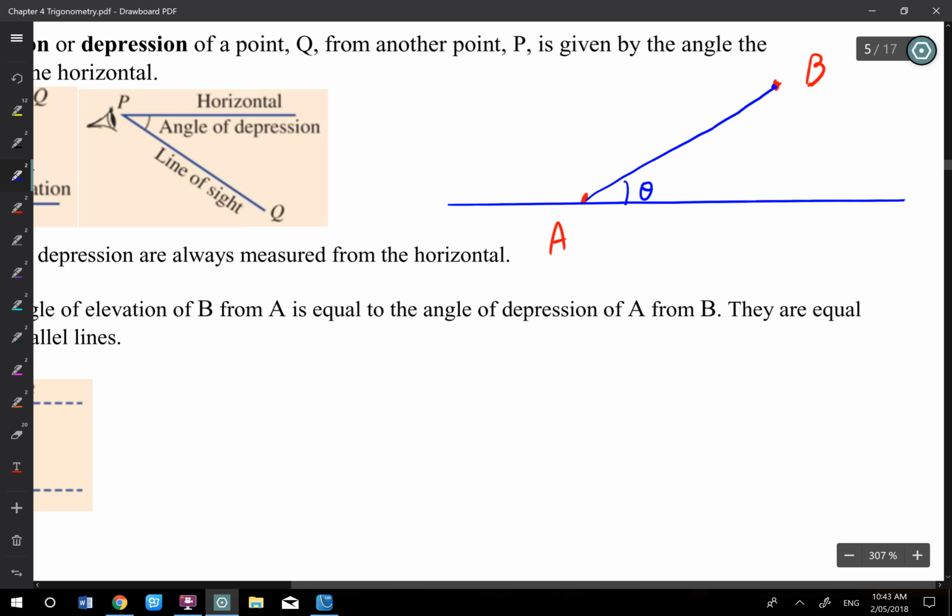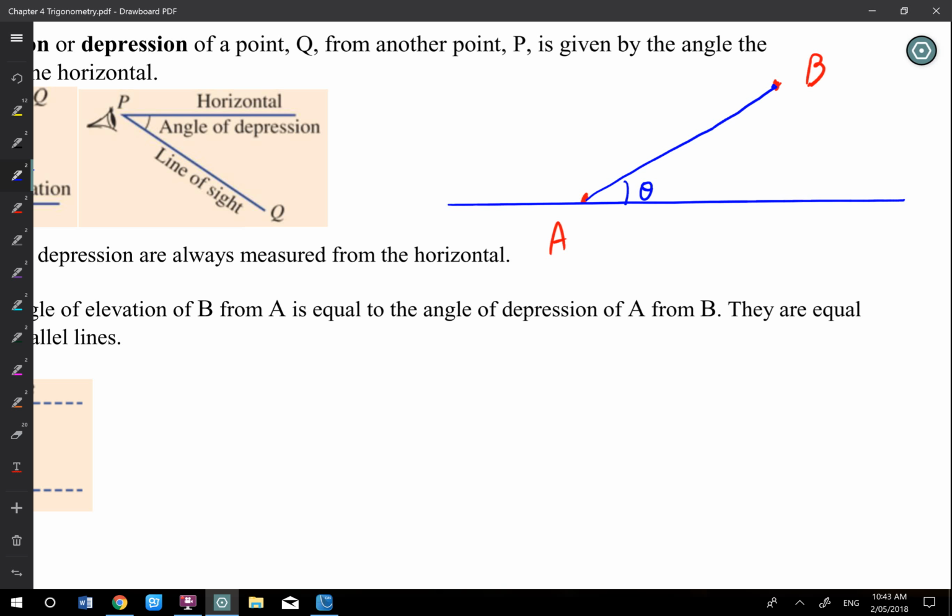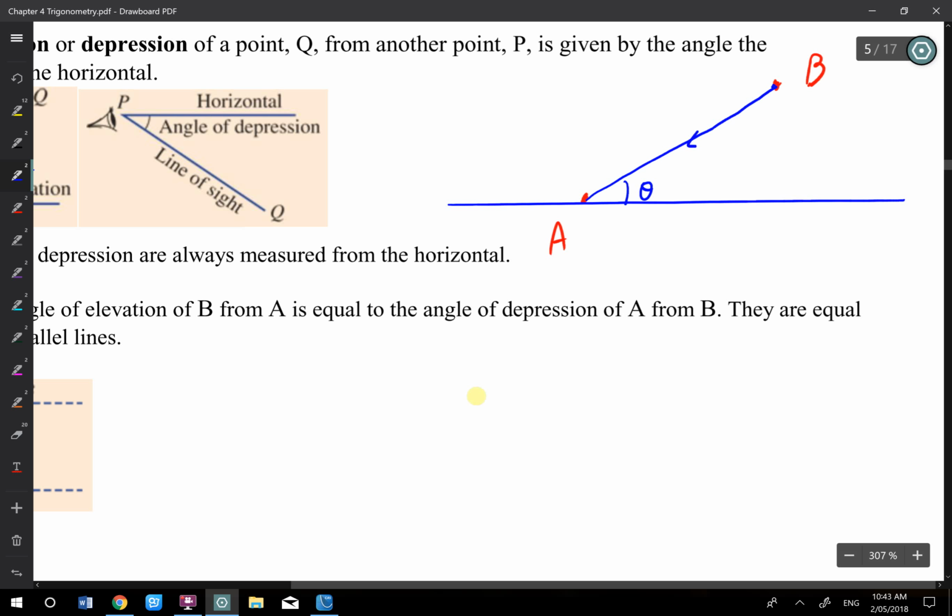From A, I'm trying to look at B. My eye goes from here to there, so it seems like there's a straight line, and this line makes an angle with the horizontal. That we call the angle of elevation. Same situation, A is here, B is here, but now B is trying to look onto A. So B will look downwards, this way.